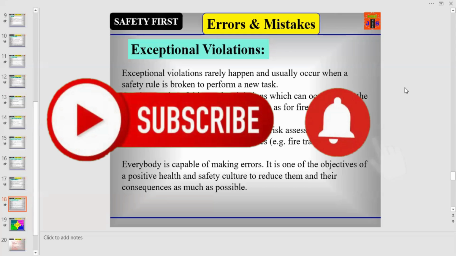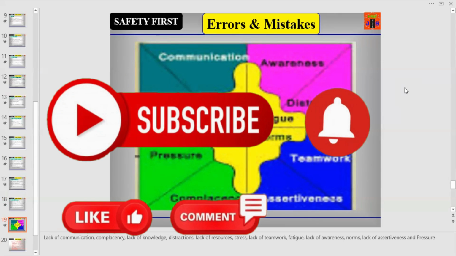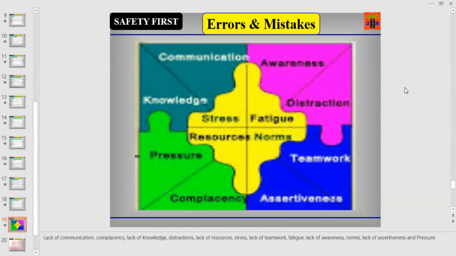Dear friends and fellows, in short, you have to remember the 12 preconditions of error. Number one, lack of communication. Number two, complacency. Number three, lack of knowledge. Number four, distractions. Number five, lack of resources.